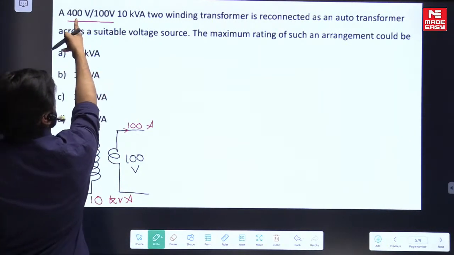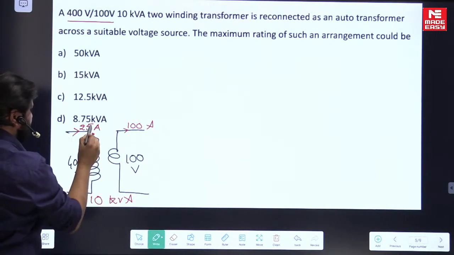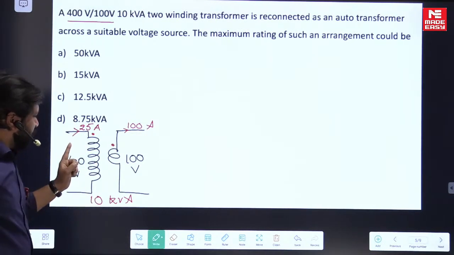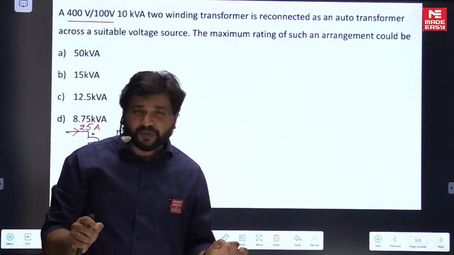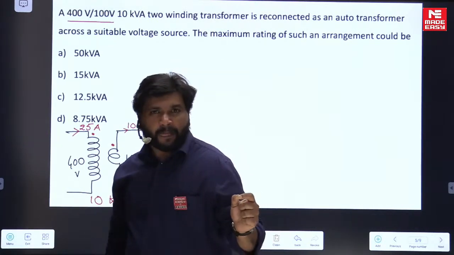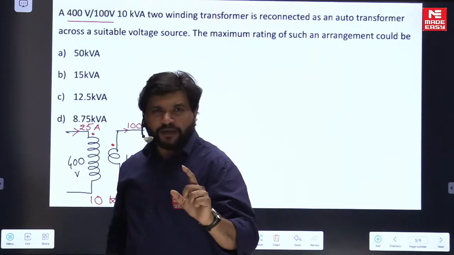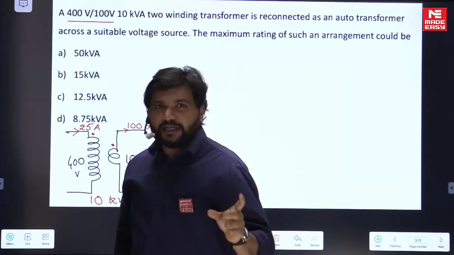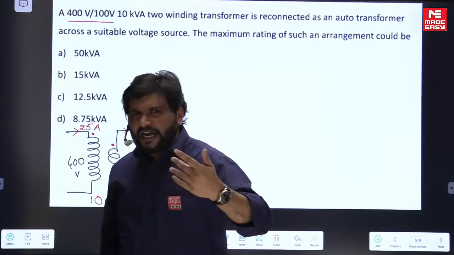Now if you notice here, HV, LV. If you want to connect a two winding transformer as a one winding transformer called an auto transformer, the 2 windings must be connected in series. And one portion of the winding is common to both the input side as well as the output side. That is called the common winding. So you can make the common winding the low voltage winding or the high voltage winding.